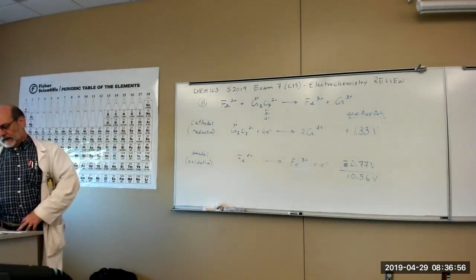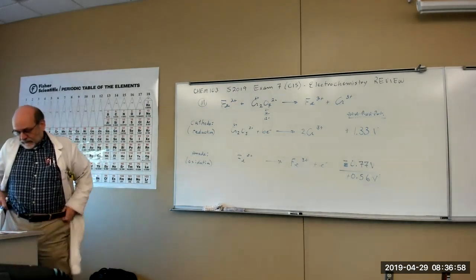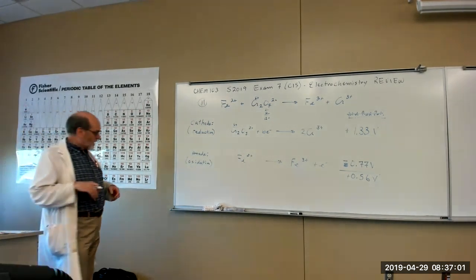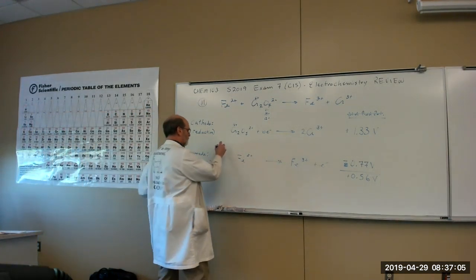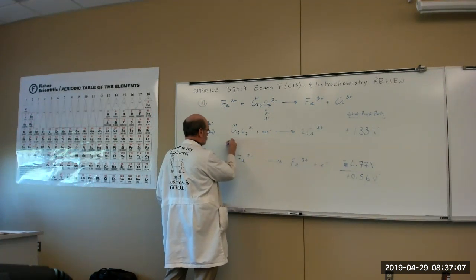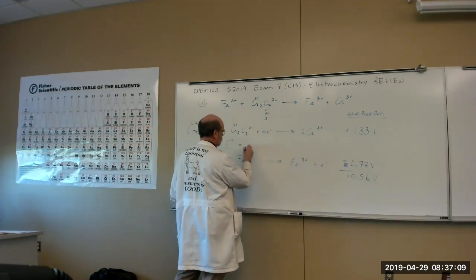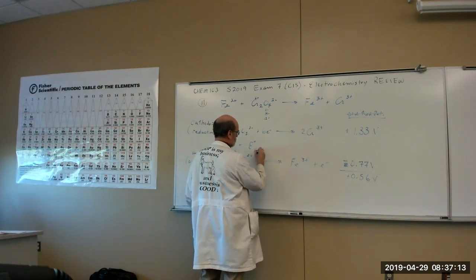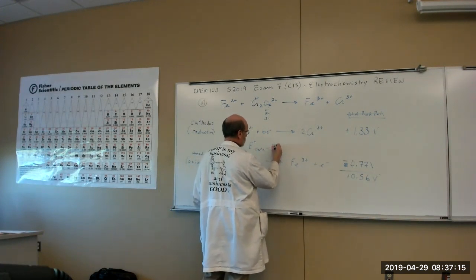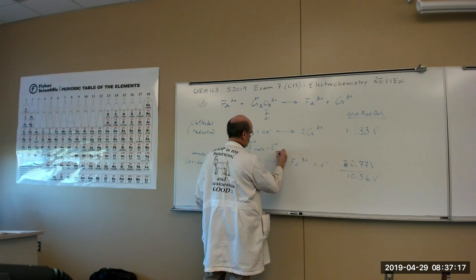Now, the authors, for standard potential, the authors say once you identify the cathode and the anode, the standard potential is equal to the standard potential of the cathode minus the standard potential for the anode.